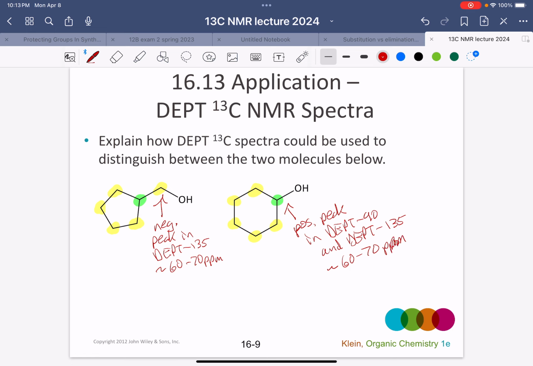Oops, sorry about that, ppm. There we go. So based on the downfield peak, where the carbon that's attached to the oxygen shows up, or how it shows up in the DEPT 90 and DEPT 135 spectra, we could differentiate between these two. So it can be useful.